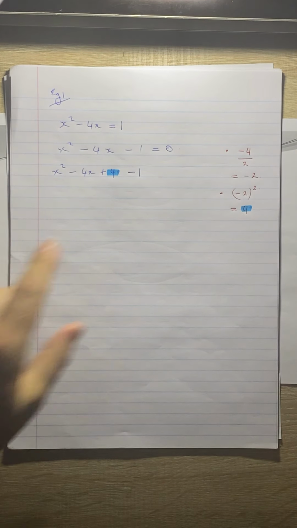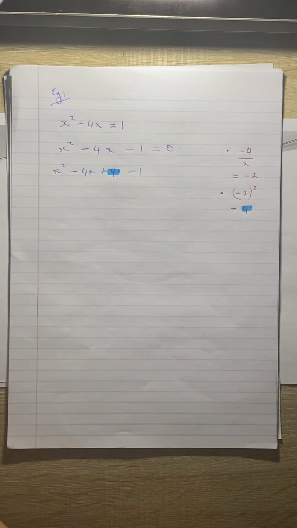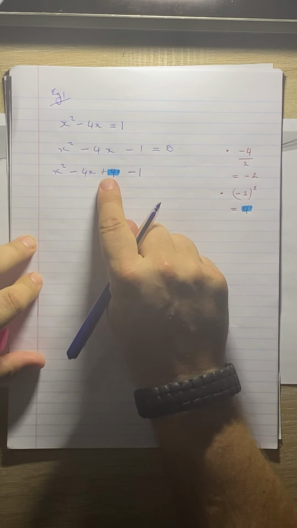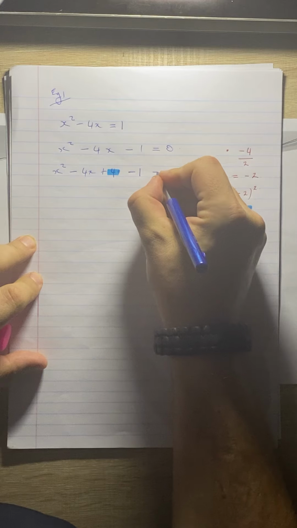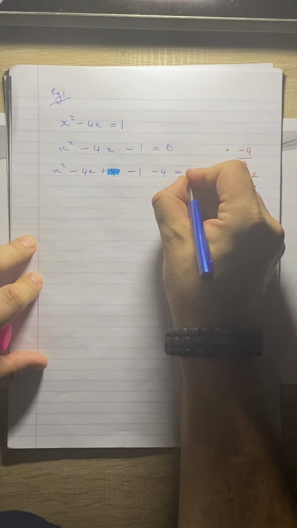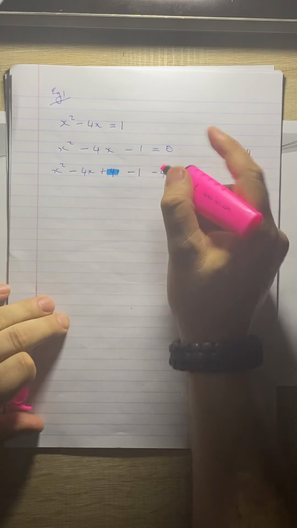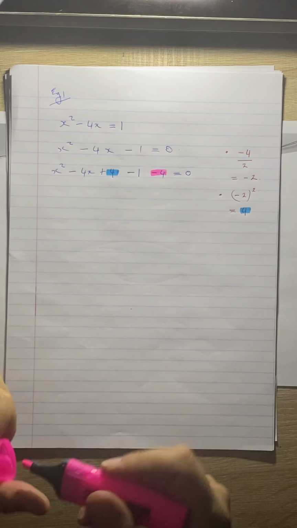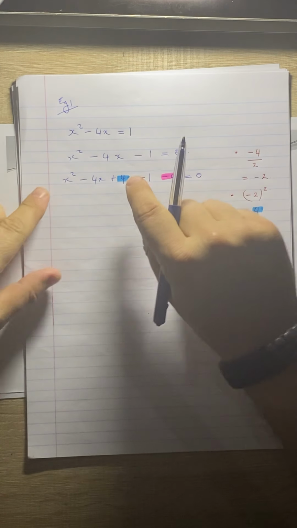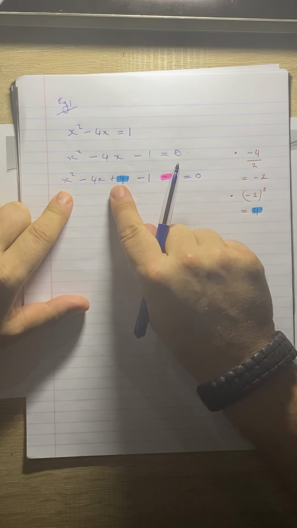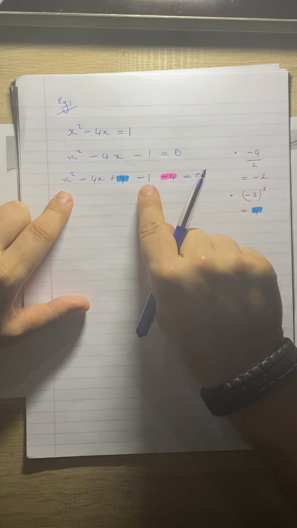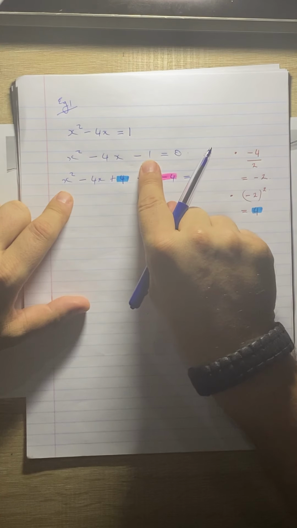Then, because I added in this plus 4, I must take it away. By doing that, grade 11s, I haven't changed the sum at all, because you see, plus 4 minus 4, they will cancel, and we're just left with the original problem.